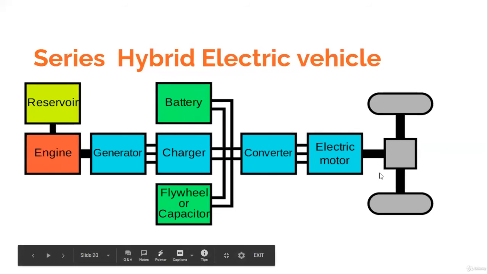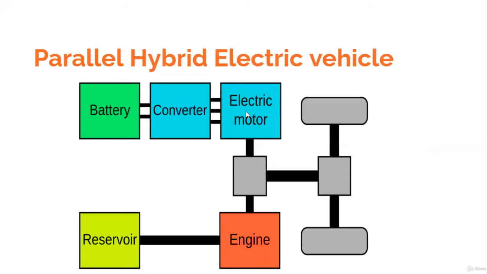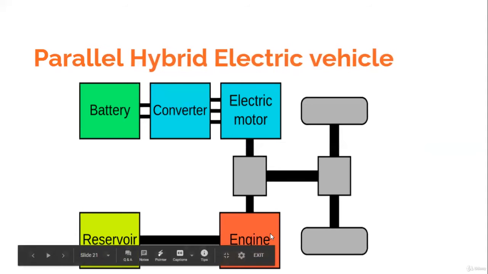There the engine and the motor were in series. Here the motor and the engine are in parallel to the wheels. Either one of them can deliver the power, or both together can deliver the power. So the motor can drive, the engine can drive, or both of them can drive.